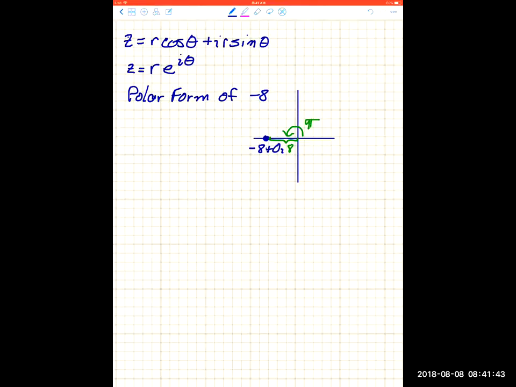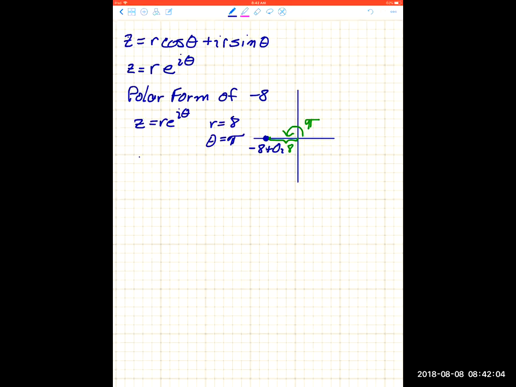So the polar form of this complex number would be... So I want to think about z equals r e to the i theta. R equals 8. Theta equals pi.